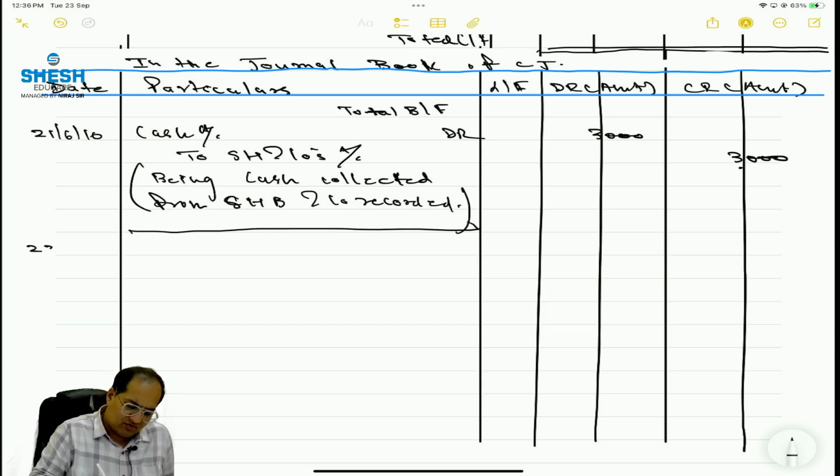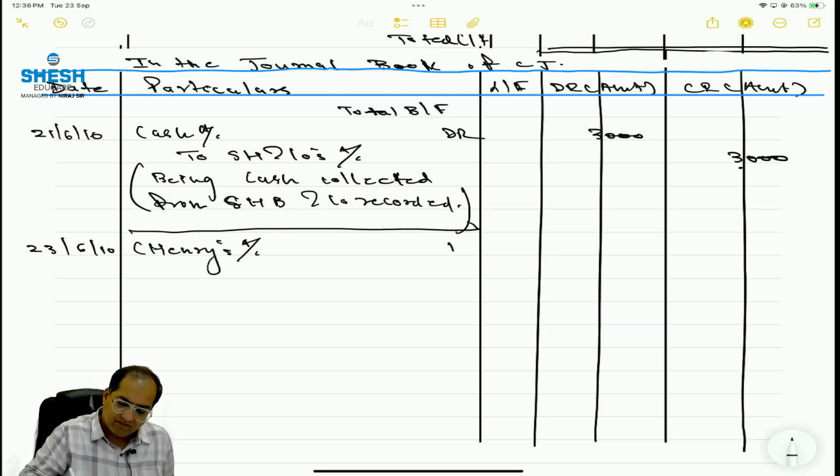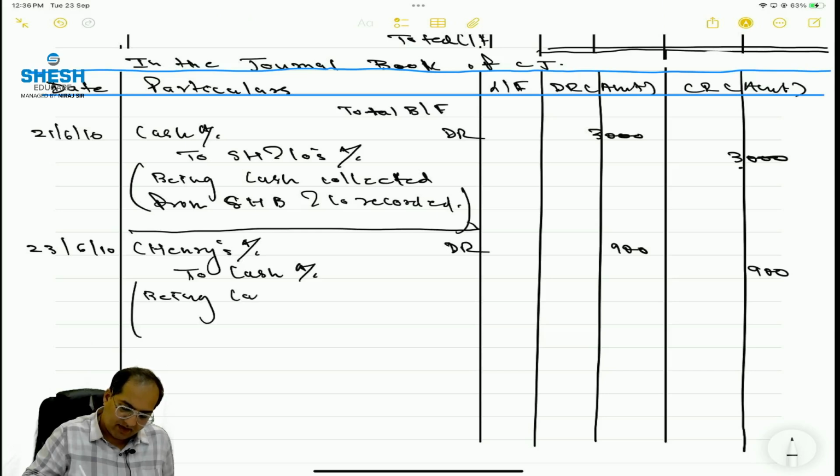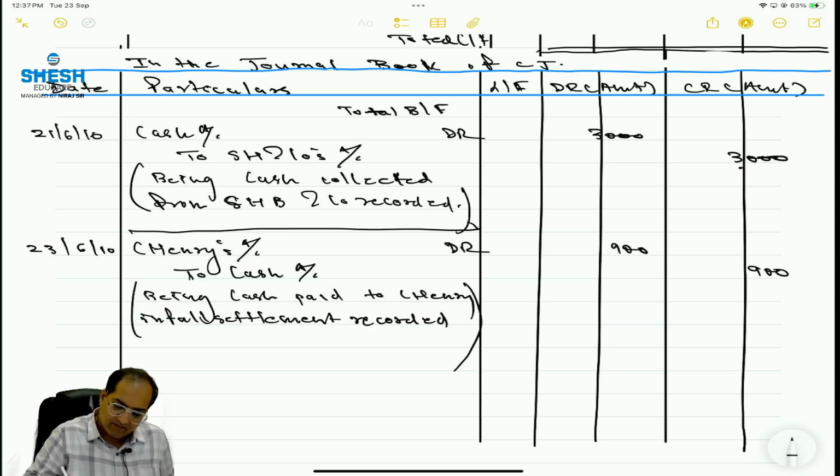So on 23rd of June, C. Henry's account debit 900 to cash account 900, being cash paid to C. Henry in full settlement recorded. Followed.